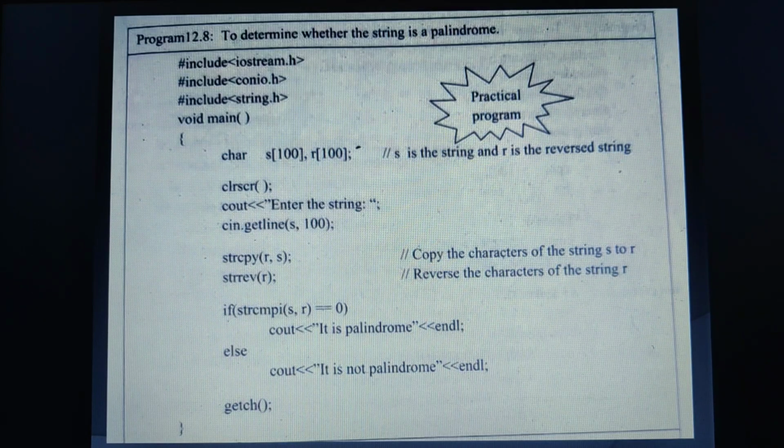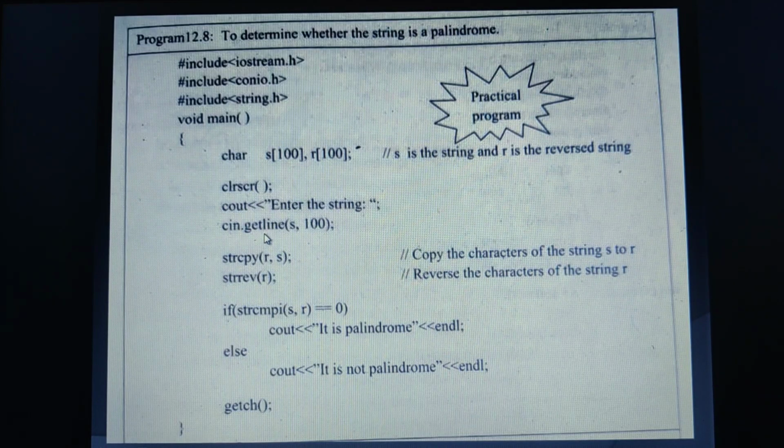Let us discuss this program here. Here I've taken two strings, that is S and R. S I'm taking to store the string the user enters, and R is the string I've taken for storing the reversed string. Next, I'm asking the user to enter the string.